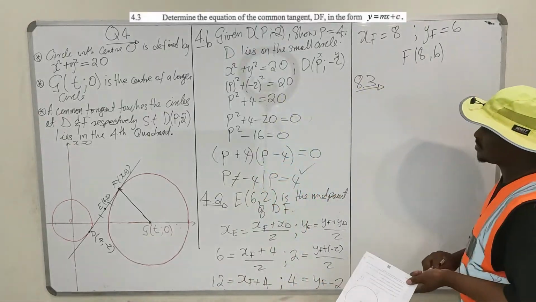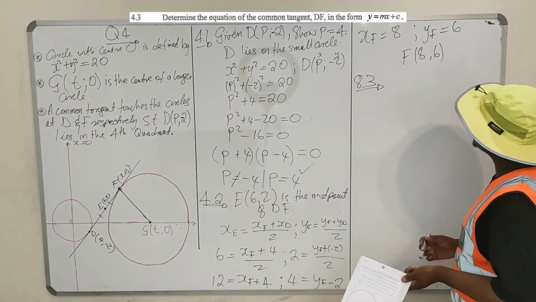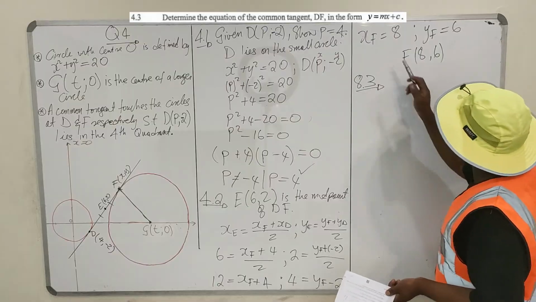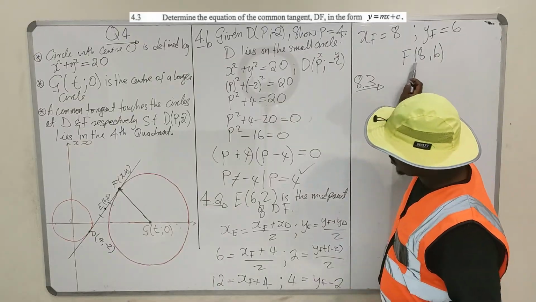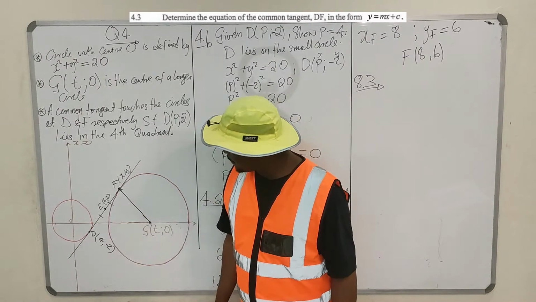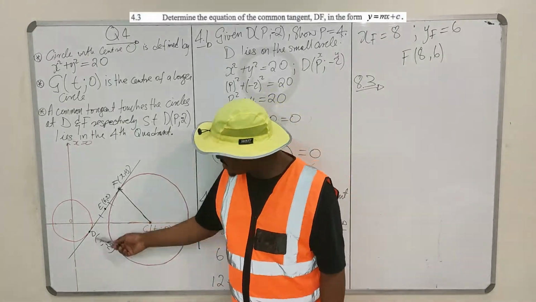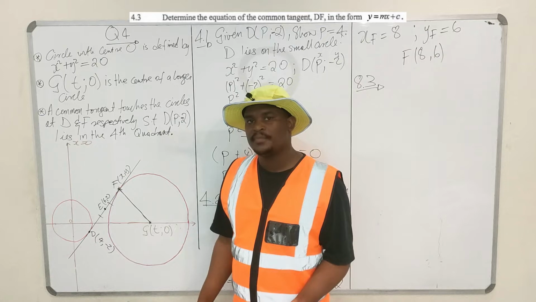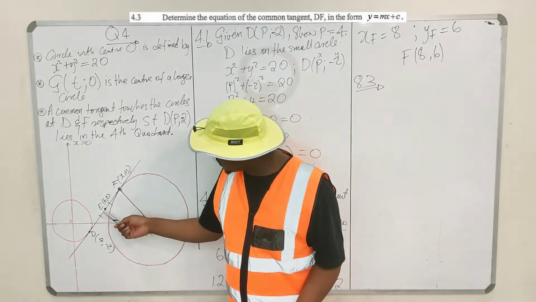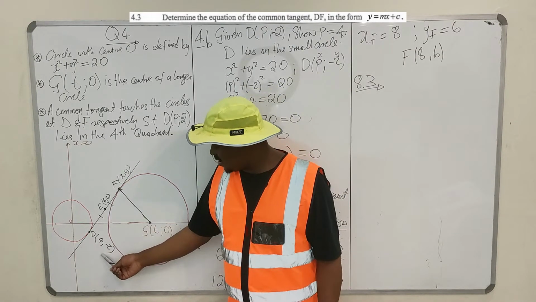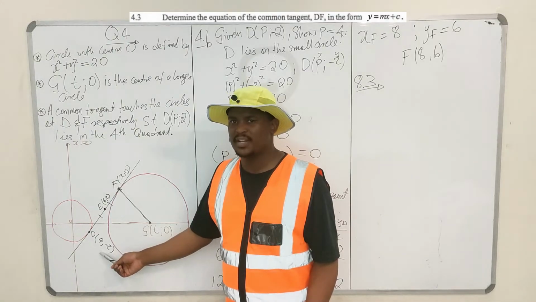So let's find the gradient. Which points are we going to use? We have 3 points: F, E, and D. The ones that I would use mostly are E and D because they're safer, in the sense that I was given these, and even these coordinates more or less I was given.